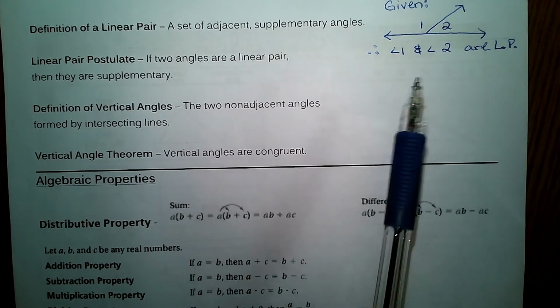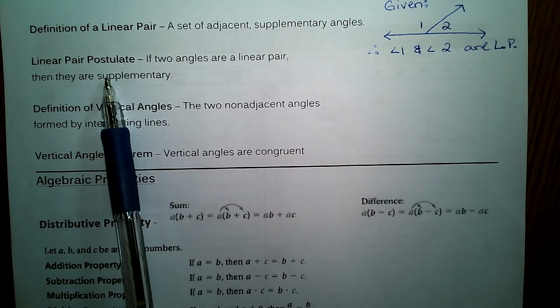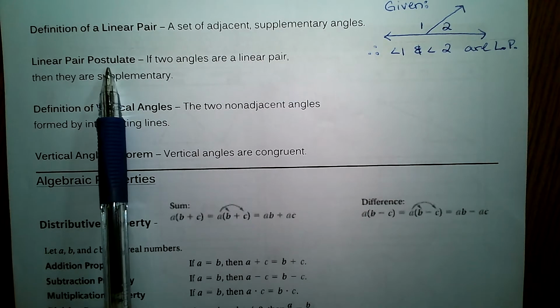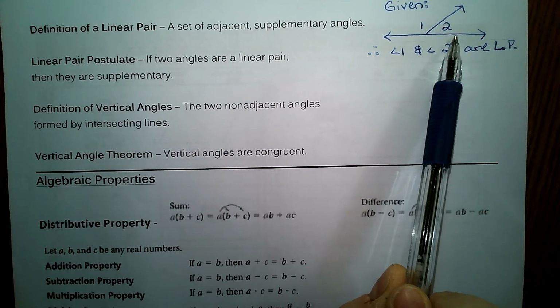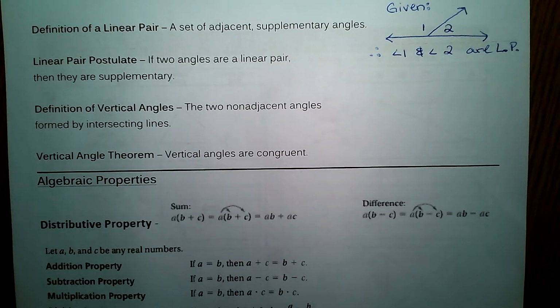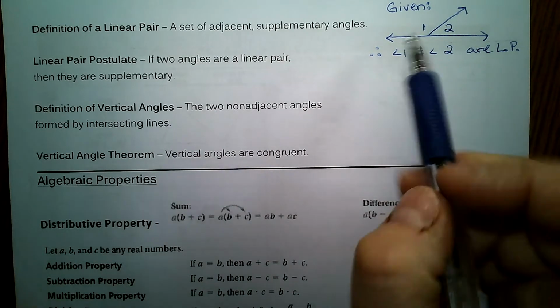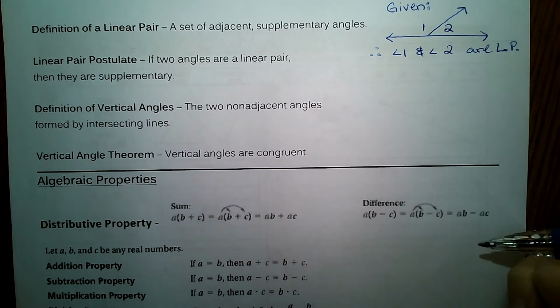This definition would closely follow up with this postulate. Okay? The linear pair postulate goes one step further. It says, if two angles are a linear pair, then they're supplementary. So you would have to be given that the two angles are a linear pair so that you could say that they're supplementary.